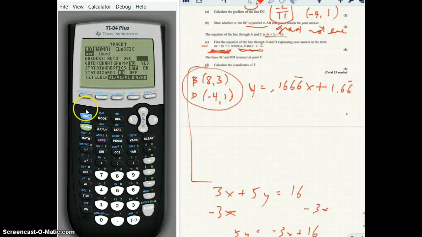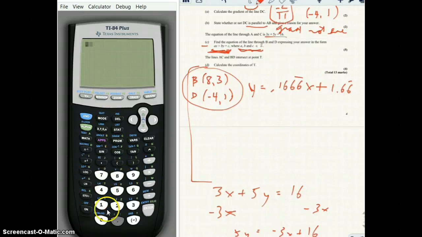Then 0.16666666 in fraction is 1/6. Hey, what do you know? So it's 1/6 x plus, and 1.66666 in fractions is 5/3. Make sure you hit enough sixes to get the exact fraction. So our equation is y equals 1/6x plus 5/6.